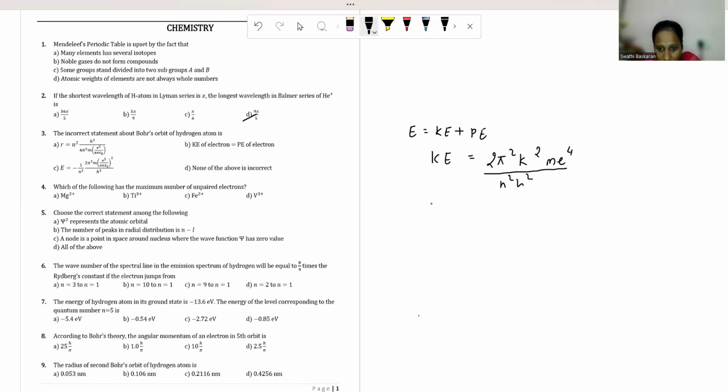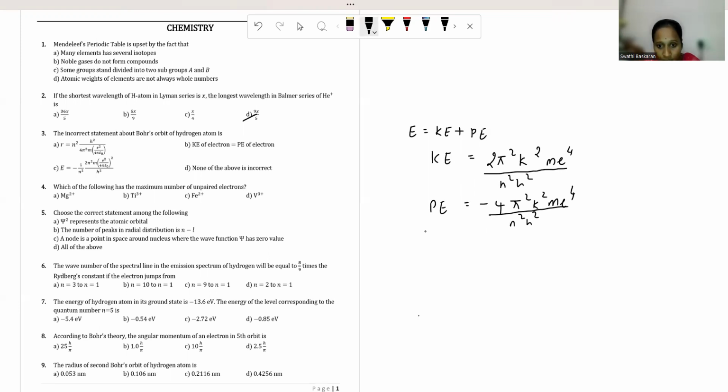And potential energy will always be expressed with a negative sign, that is minus 4 pi square K square m e 4 divided by n square h square. So from these two expressions, it is quite evident that potential energy of electron is not equal to kinetic energy.